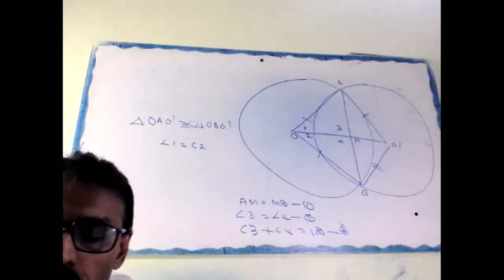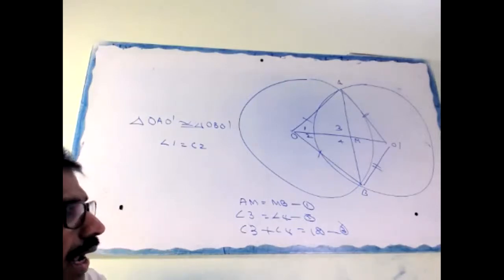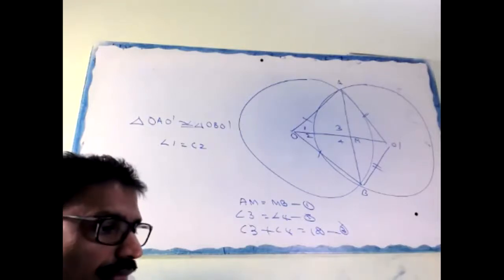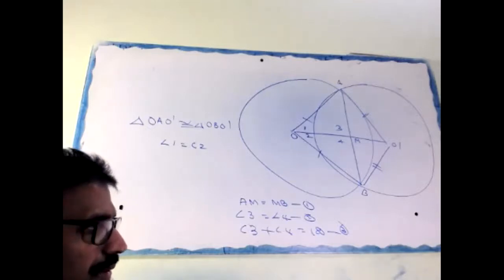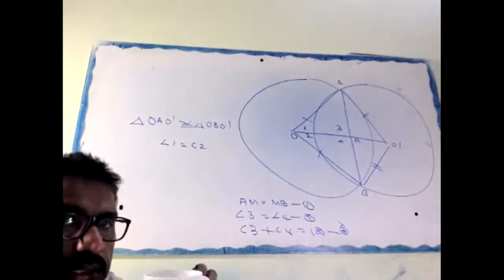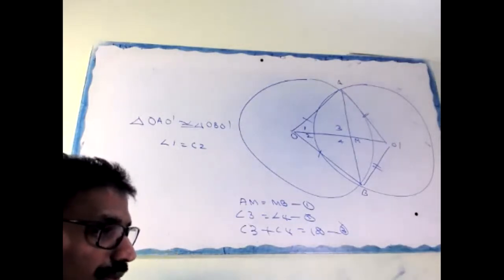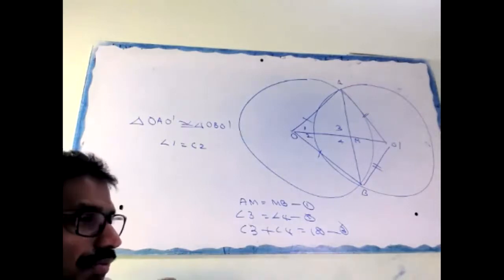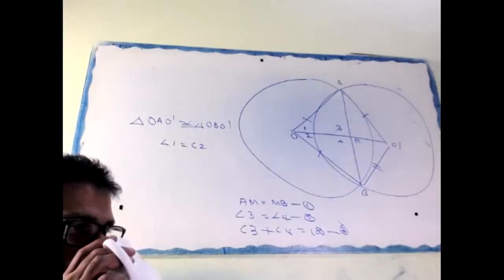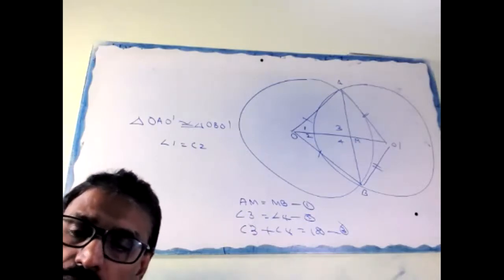Angle 3 equal to angle 4, CPCT, number 2. Angle 3 plus angle 4 equal to 180 degrees, linear pair. From 1, 2, 3, we get O dash is the perpendicular bisector of AB.